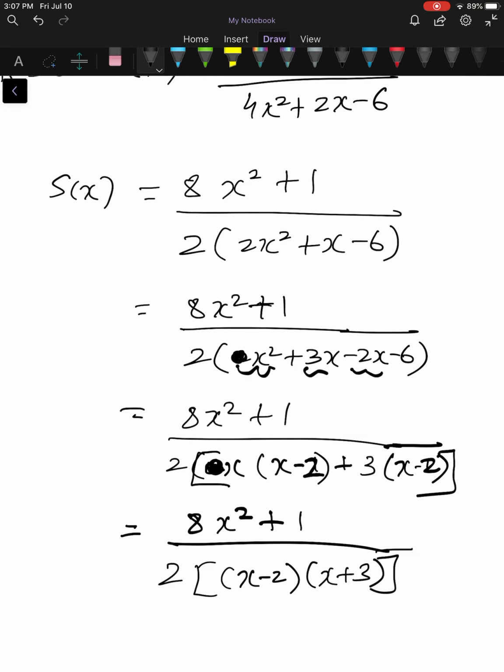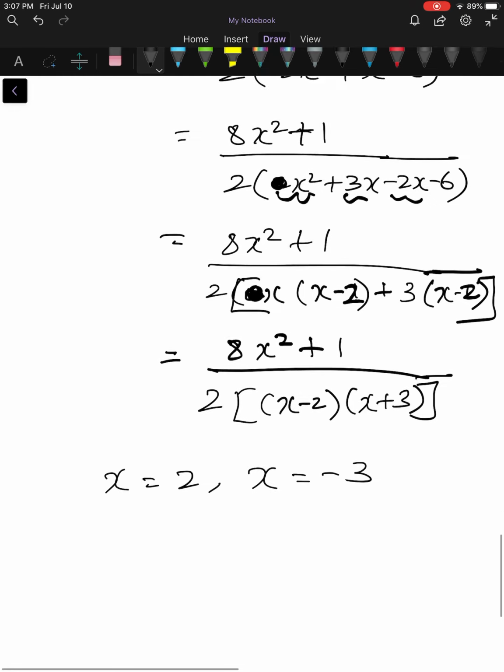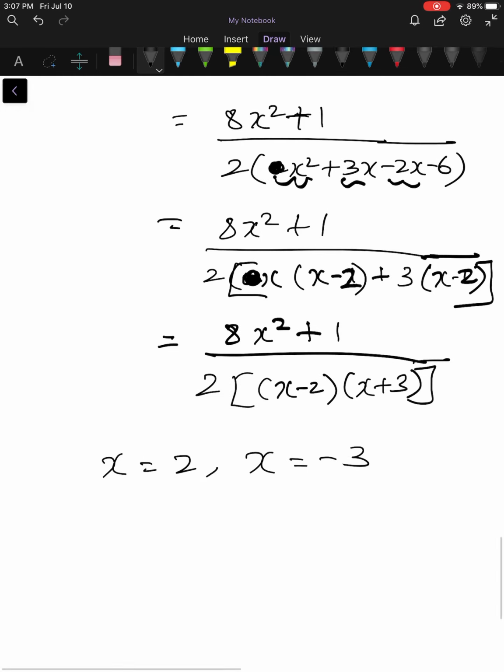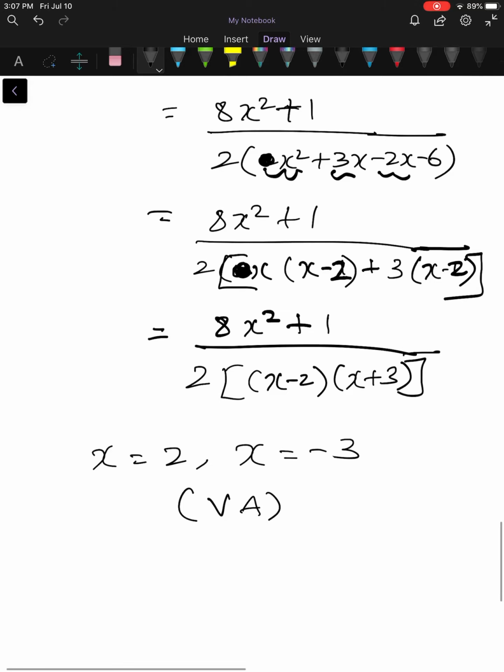So what are all the zeros of the denominator? It is x is equal to 2 and x is equal to negative 3. So you have 2 vertical asymptotes. And what is the horizontal asymptote? Now the degrees are equal, correct?